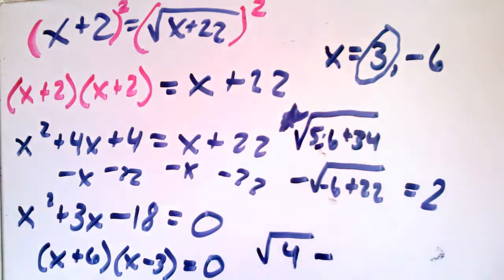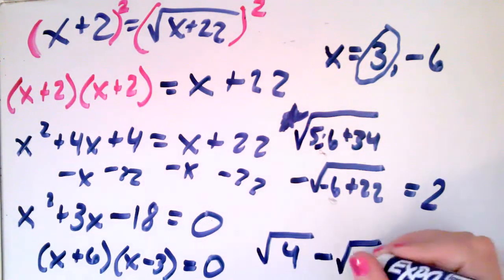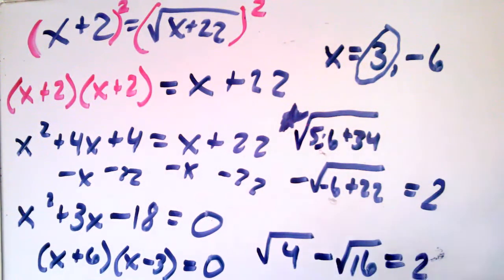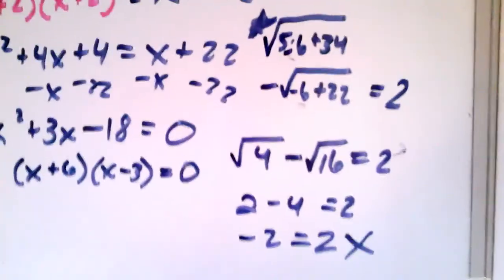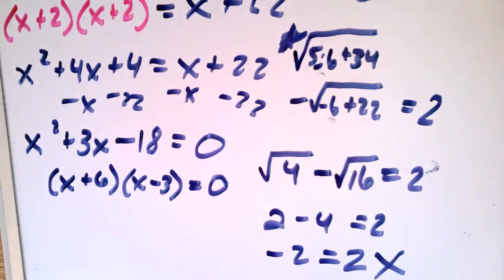And then minus 22 minus 6, so square root of 16. And so I have 2 minus 4 equals 2. But 2 minus 4 equals -2, not 2. So it looks like that answer doesn't work. And so back to our original, that means x equals 3 is our only answer.